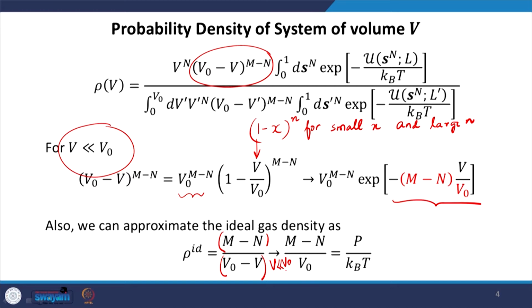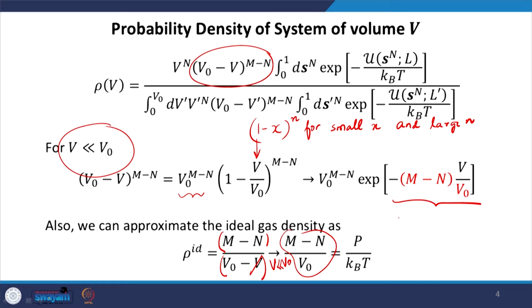That is the approximation in the expression, and that is m minus n by V naught, because I can drop V here because V is pretty small. And then we know the ideal gas density is given by P by kBT from the ideal gas law. So, m minus n by V naught can therefore be replaced by the P by kBT. So, that I will put in there.